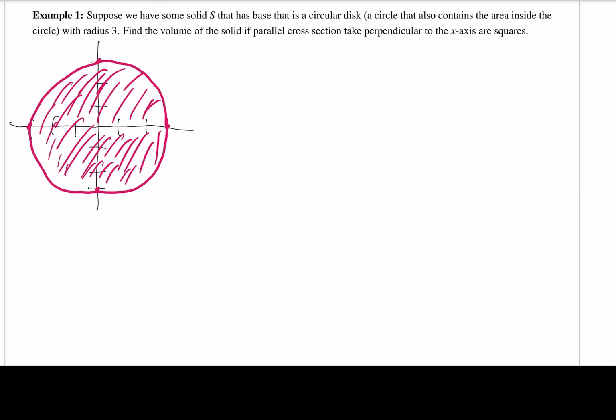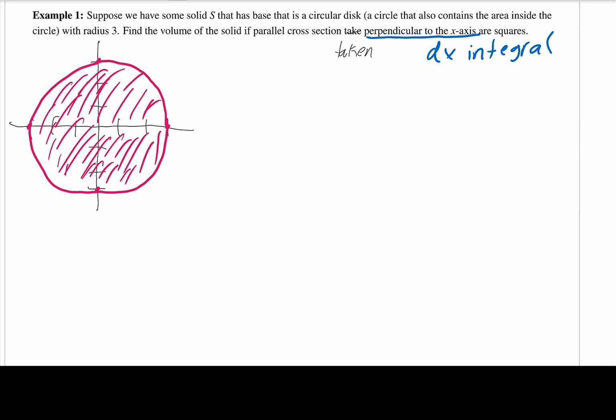We are being asked to find the volume of the solid if the parallel cross sections taken perpendicular to the x-axis are squares. What you need to key in on is that this is perpendicular to the x-axis. This means you should have a dx integral.